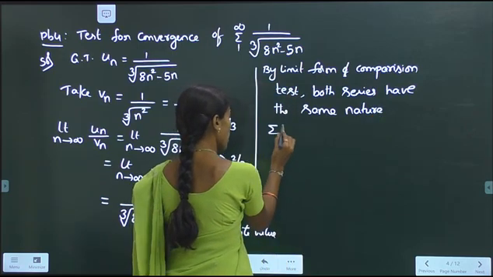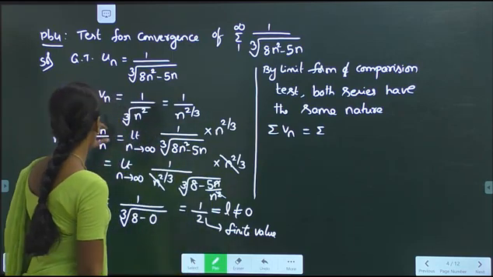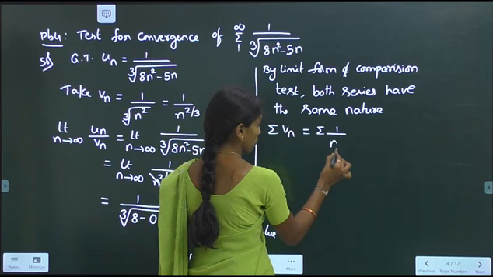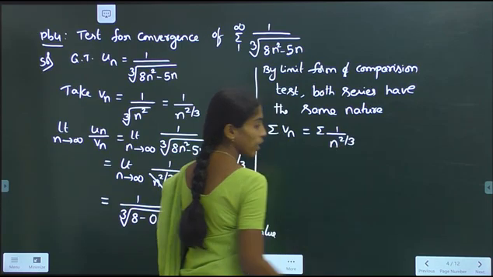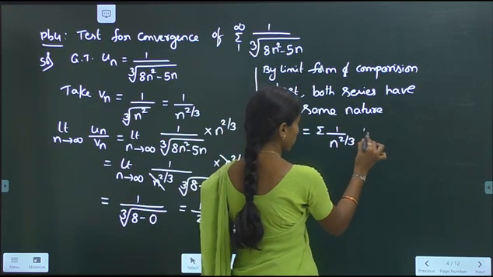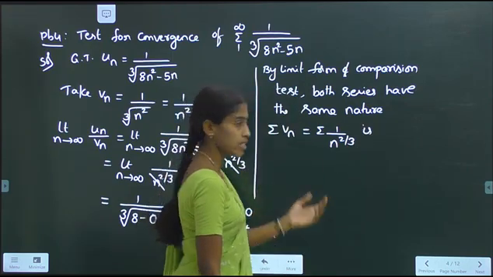So what is Vn here? The series Vn, here we are taking Vn as 1 by n power 2 by 3. It is in the form of 1 by n power p, so we use the p test. What is the p value? P value is 2 by 3, which is less than 1.